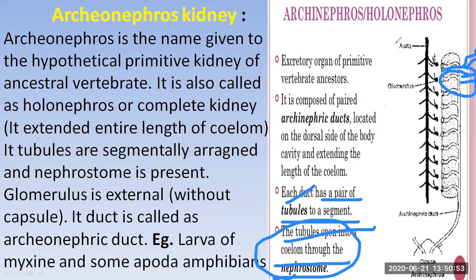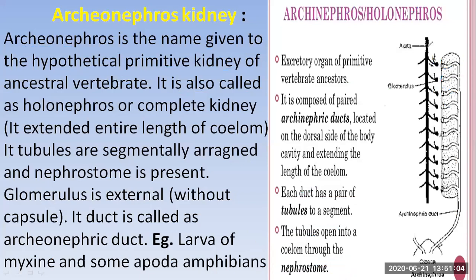Very important: the nephrostome is the embryonic structure involved in the development of the Archaeonephros kidney. I had already told you that it is only found in the Archaeonephros as well as the Pronephros kidney.